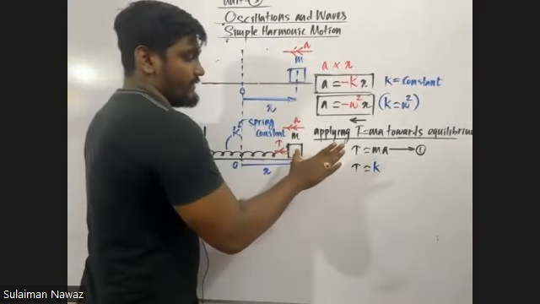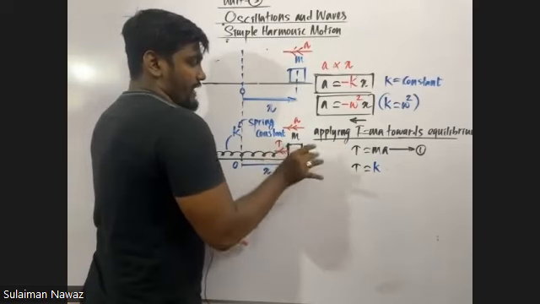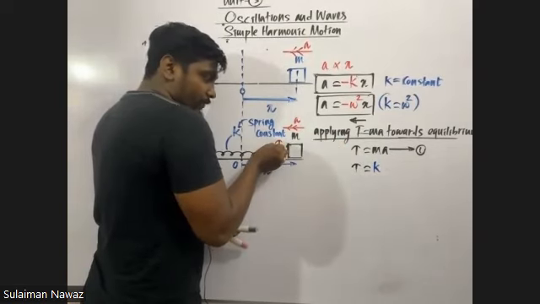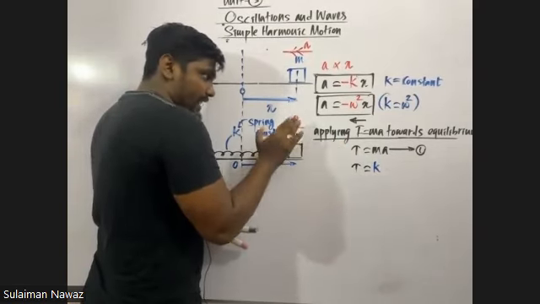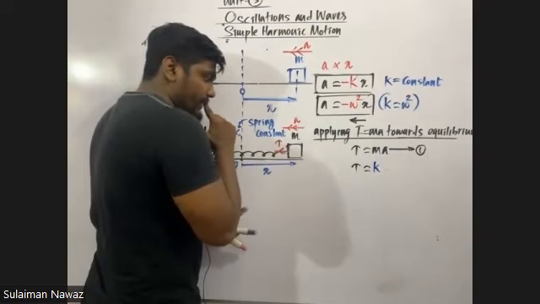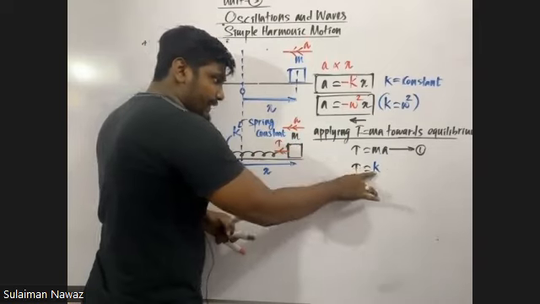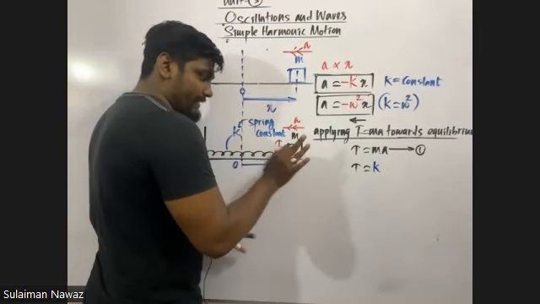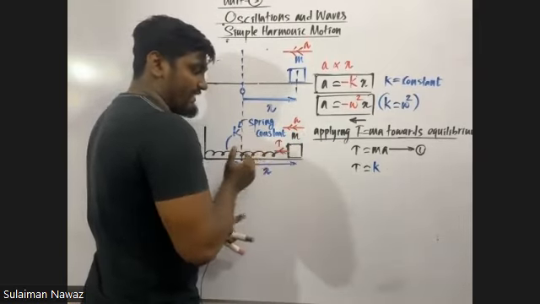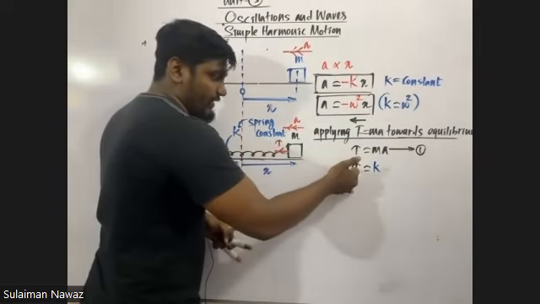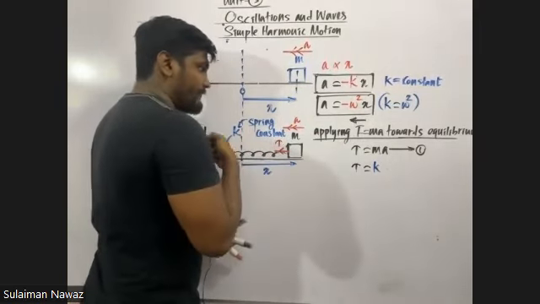Now look at it, very carefully listen. If I want to find this tension force, we know from mechanics the equation F equals kx. In that equation, F means tension force capital T, K means spring constant, x means displacement, or extension.